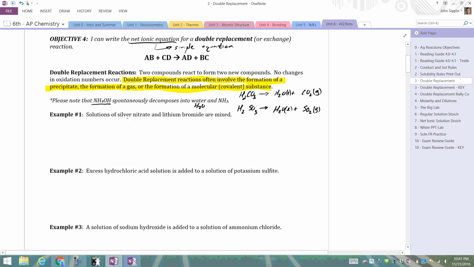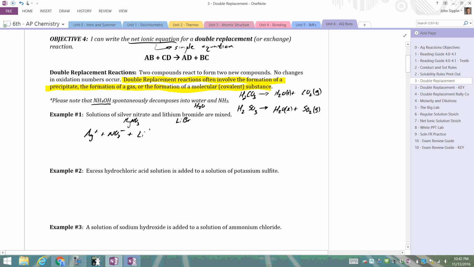Rather than writing this down as AgNO3 for solutions of silver nitrate and lithium bromide, we know all nitrates are soluble, so that's going to be Ag+ and NO3- in solution, and all bromides are soluble except for a couple of exceptions.